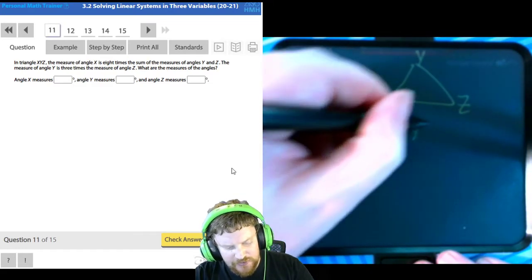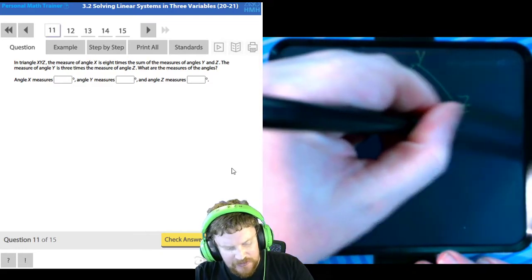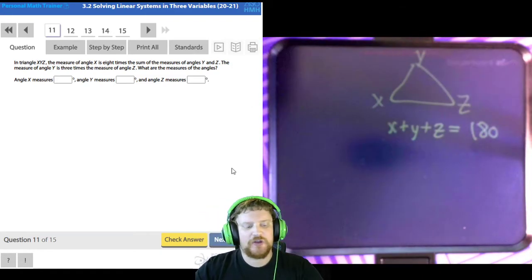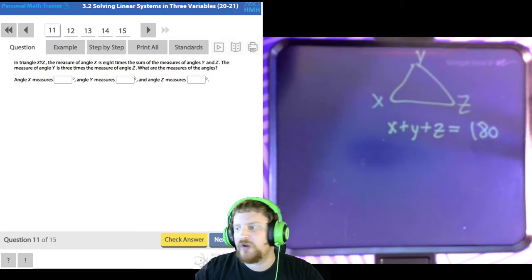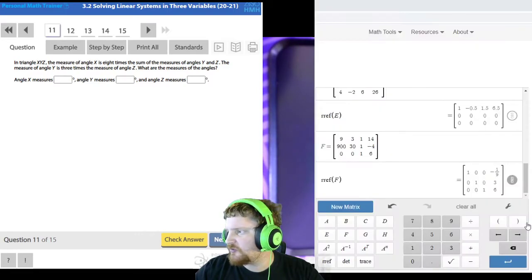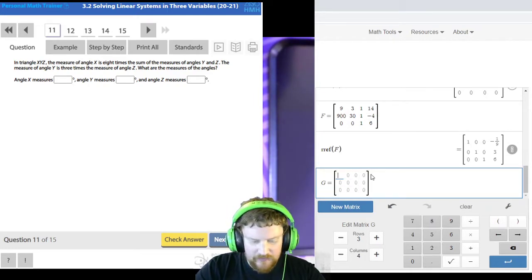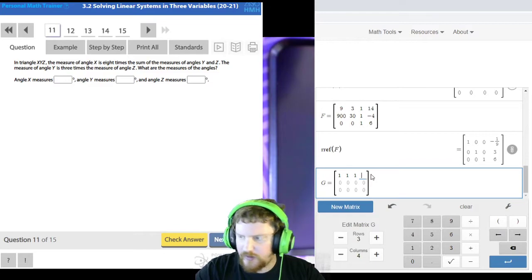So x plus y plus z equals 180. That gives us our first equation that we need for our system of equations. So I know you guys can't see it. I'm going to pull Desmos up, and our first one, new matrix, 3 rows, 4 columns, we have 1, 1, 1, 180.